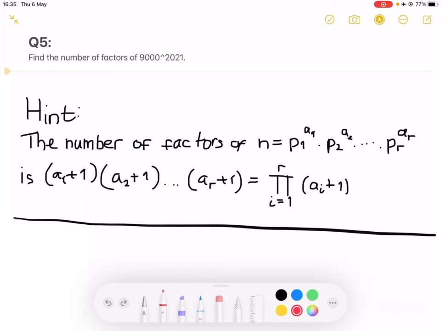So if n is expressible as its prime factorization as so, its number of factors is the product of its powers plus 1 as shown here. So it's a1 plus 1, a2 plus 1 times all the way up to ar plus 1. Or it can be expressed as this product right here.